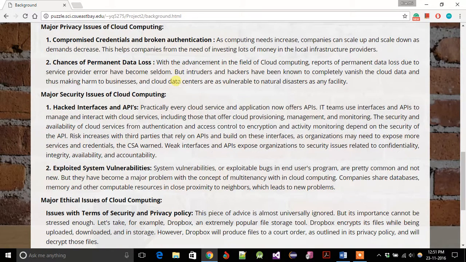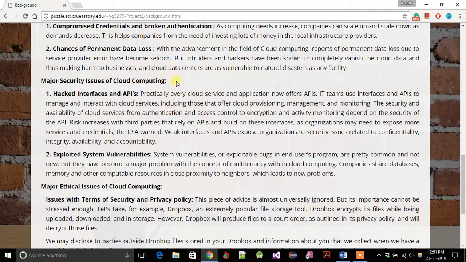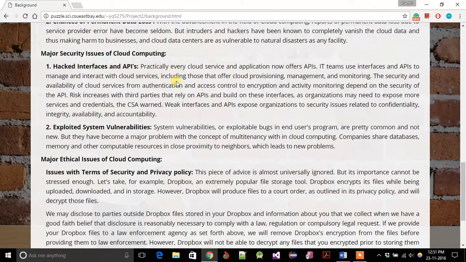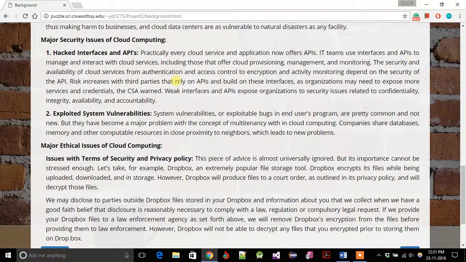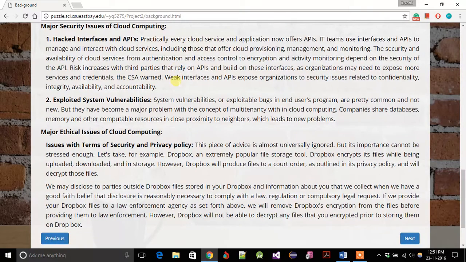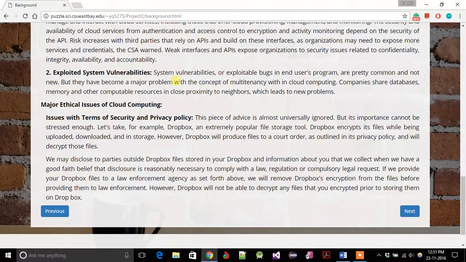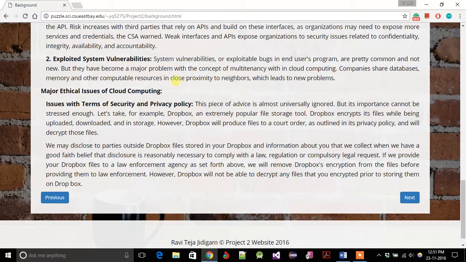I give a high-level description of each issue mentioned in the introduction page: compromised credentials and broken authentication, and chances of permanent data loss. When it comes to security issues, we have hacked interfaces and APIs and exploited system vulnerabilities. When it comes to ethical issues, we have issues with terms of security and privacy policy.